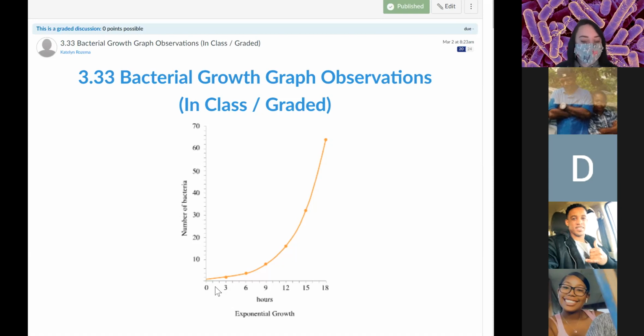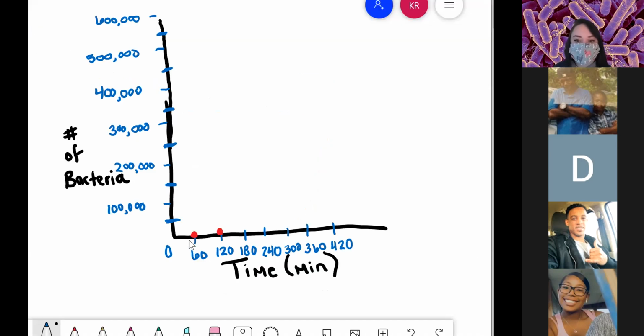We saw this in our graph as well. It looked like initially there were almost no bacteria, and then before we knew it, it was 50,000, 200,000, and 500,000. So it starts growing slow, and then pretty quickly the population explodes in numbers.